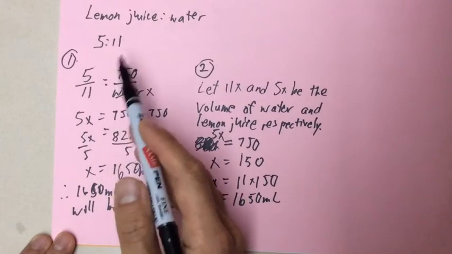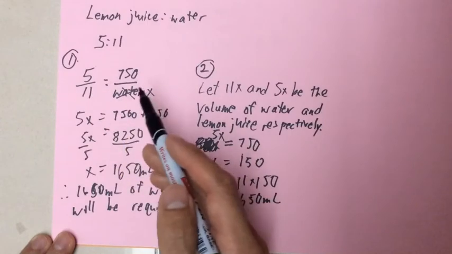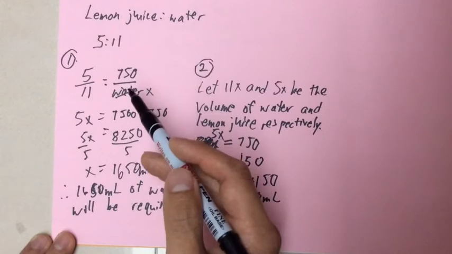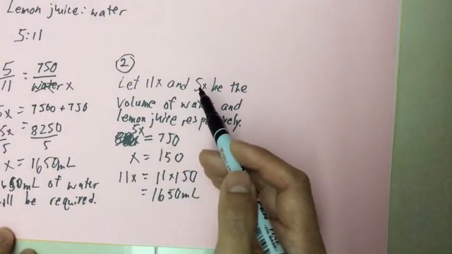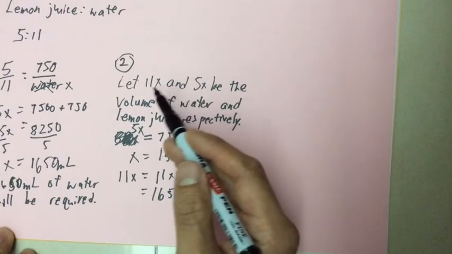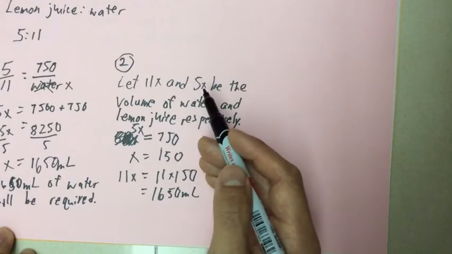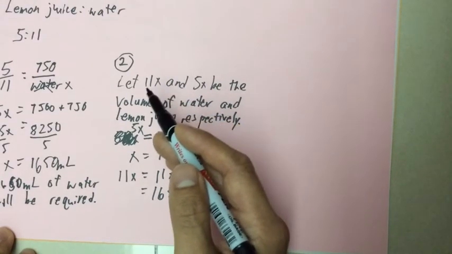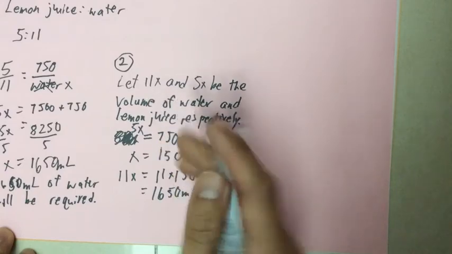There are two ways of doing it: rewriting the ratio as a fraction and using x to substitute the quantity that you're trying to find, or rewriting it as an algebraic equation with the number as the coefficient of x. You solve for x and then substitute that into the other value that you're trying to find, in this case, 11x, which represents the volume of water.